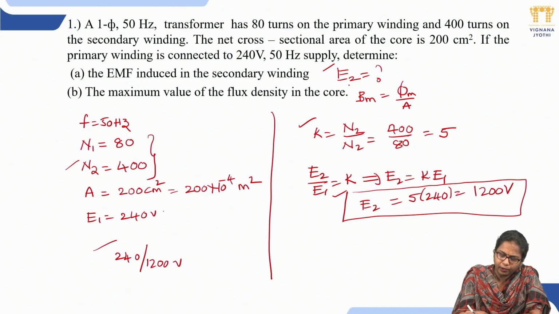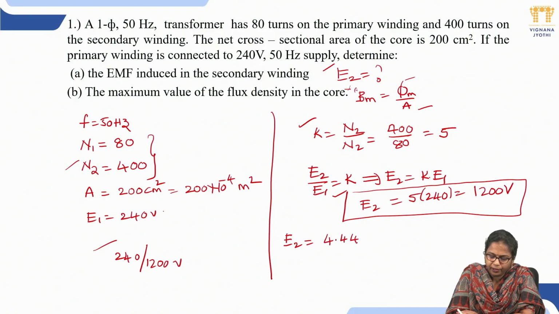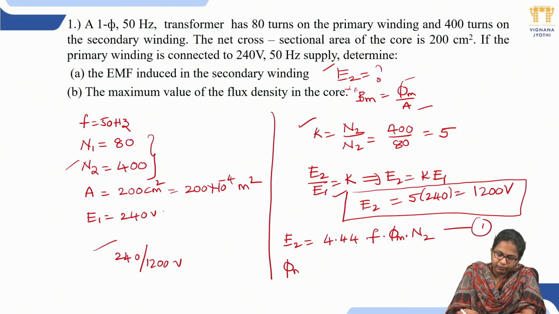And the second part we are supposed to calculate is the flux density, Bm. For getting this flux density, the area of cross section is known and phi m is supposed to be calculated. From the equation we deduced earlier, E2 is equal to 4.44 into frequency into flux into N2, your first equation. So can't we calculate the value of this?